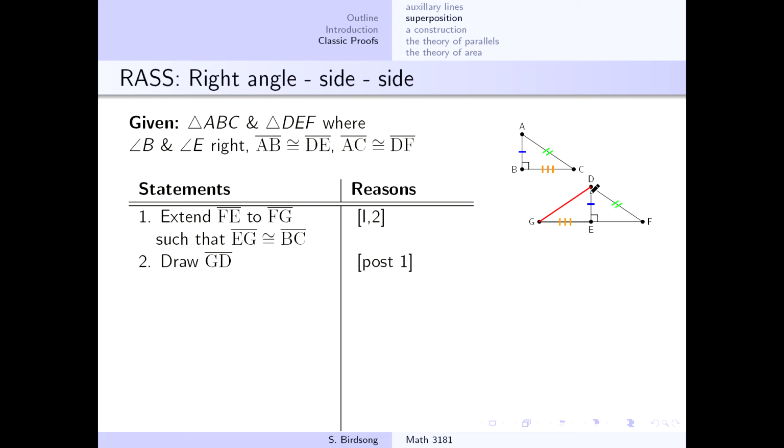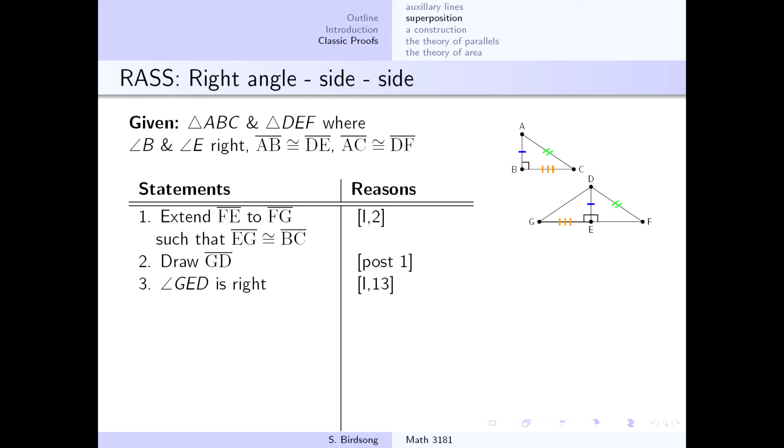Now, at this point in time, we are assuming that we've just copied triangle ABC to DEG, but we need to verify that everything actually worked correctly. In other words, we need to verify that triangle ABC is congruent to this new one we just created, DEG. So let's go ahead and do that. So I'm going to go ahead and claim that the angle there at E, that new angle at E, is a right angle.